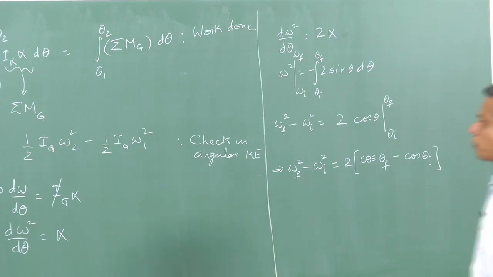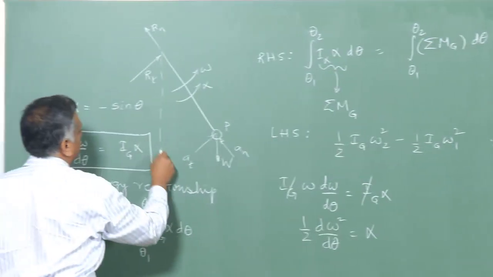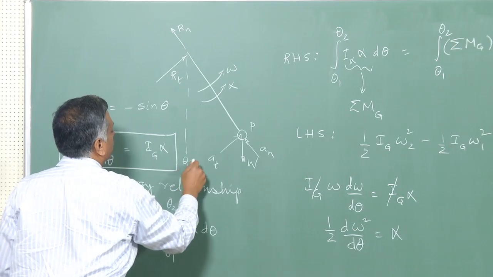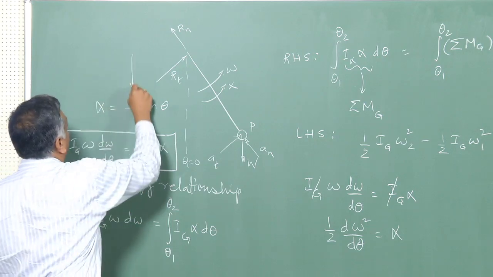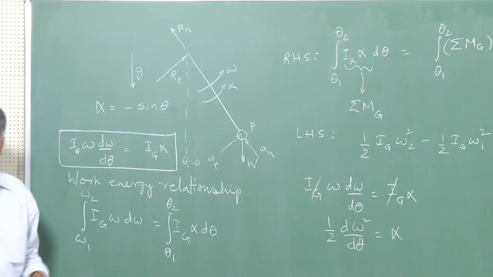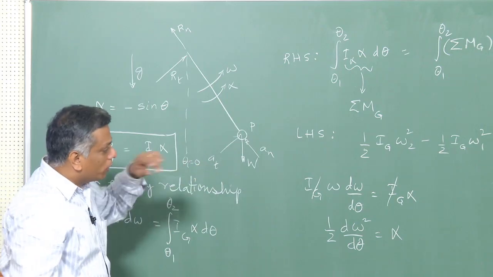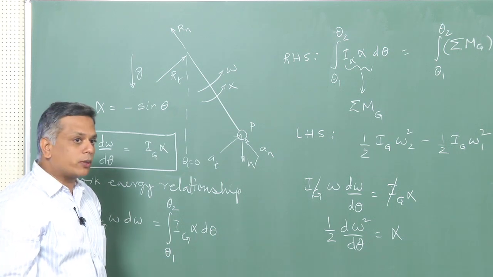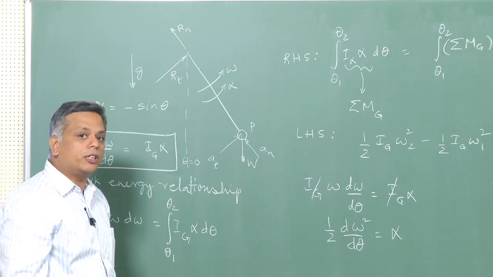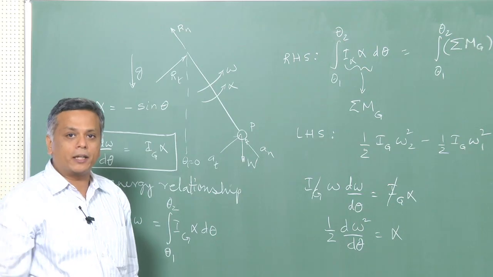Now, in this particular problem, we are starting out with theta I being 0. So, the body is completely in a vertical position oriented with respect to gravity. So, theta I is 0 and we want to ask ourselves the first question. The first question is, at what angular position would omega f become 0 for a given omega I?